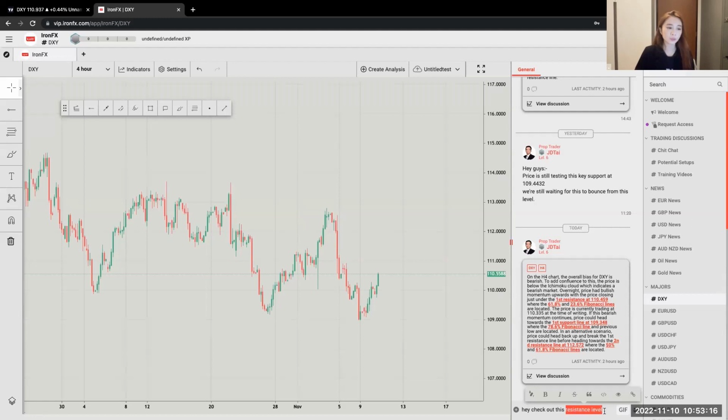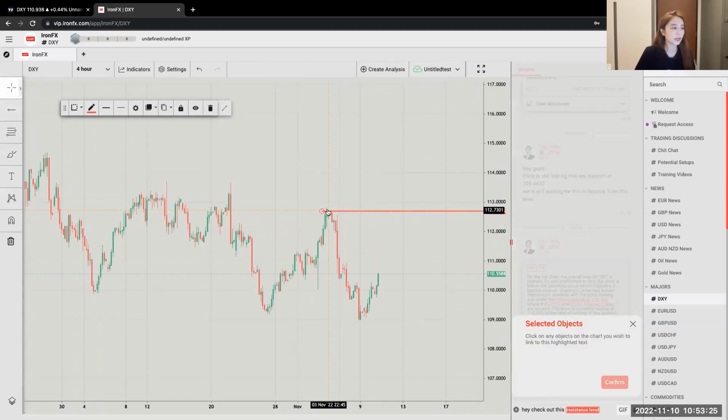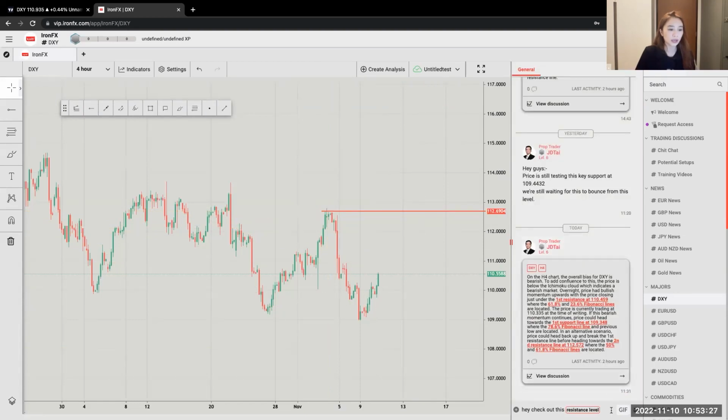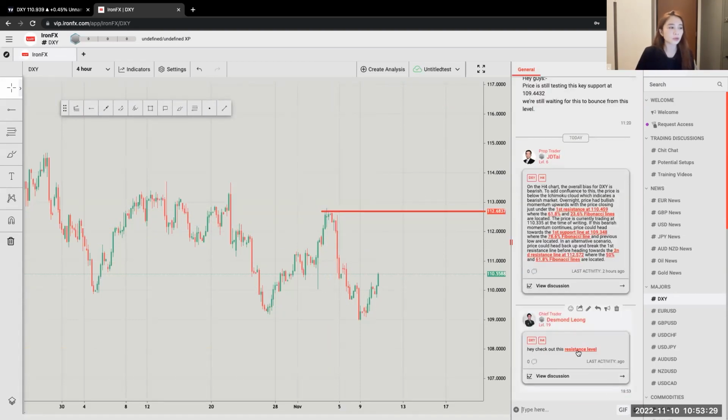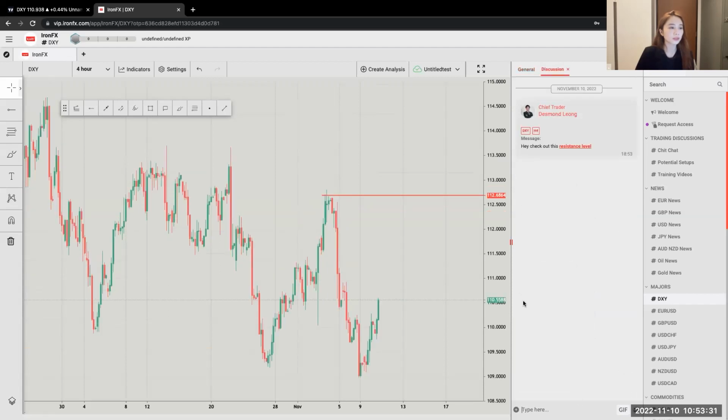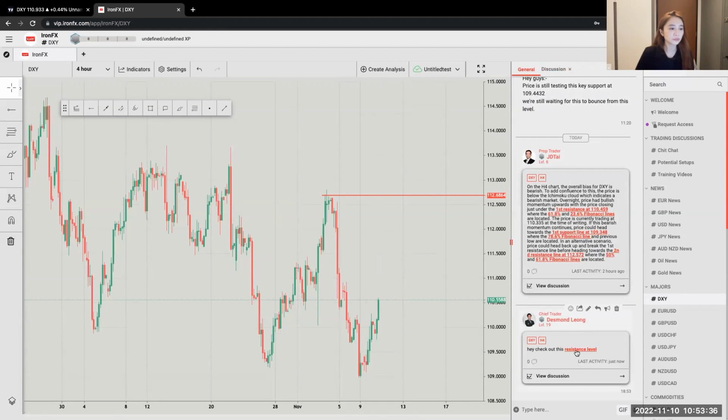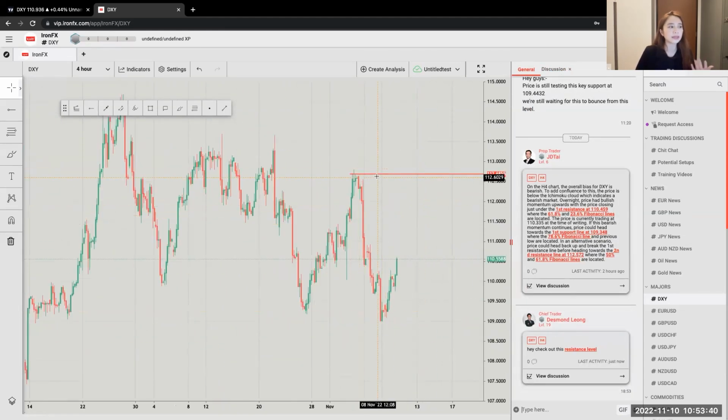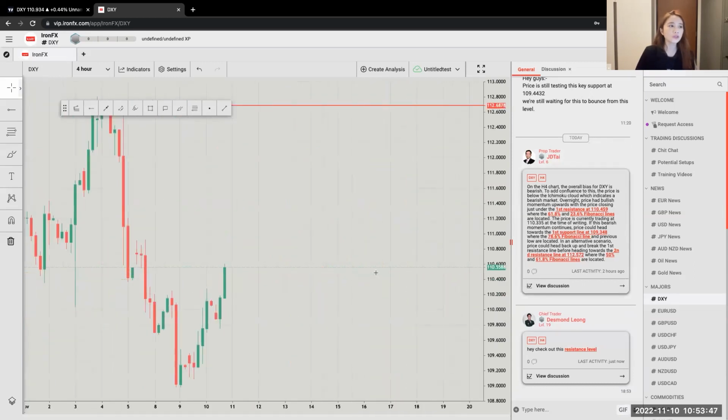We can highlight the keywords that you want to look at, and then we can link the object to the text by clicking on the line. Once you post it, you are able to hover over to look at what you are looking at. So if you have questions, like, is this resistance level valid, is this trend line valid, we are always able to use this function. So it's very, very cool.